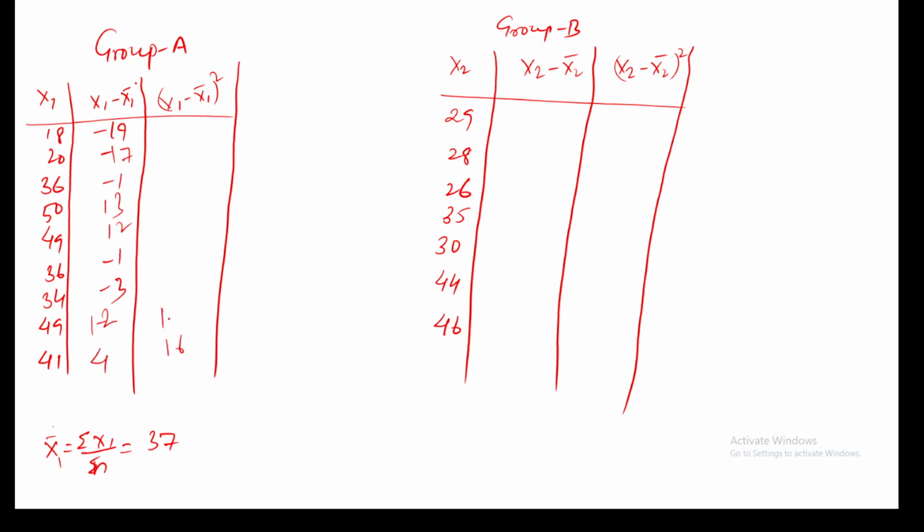It came 16, 144, 9, 1, 144, 169, 1, 289, and 99 and 361. Can anyone tell the sum of x1 minus x1 bar whole square? Somewhere around 1134.